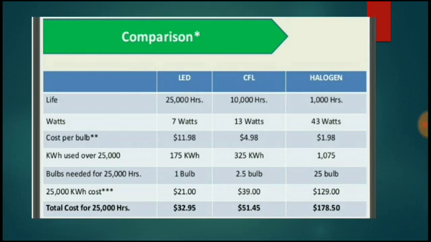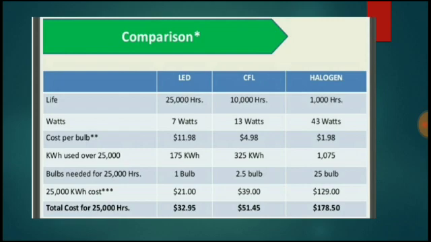Bulbs needed for 25,000 hours: for LED, one bulb is enough; for CFL, 2.5 bulbs; and for halogen, 25 bulbs are enough for 25,000 hours. And the cost of electricity for 25,000 hours in dollars: LED around $21, CFL $39, and halogen $129.